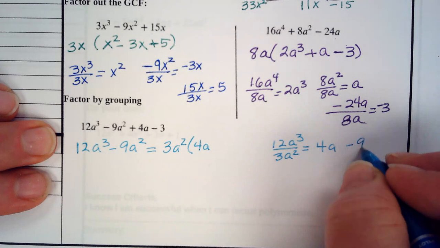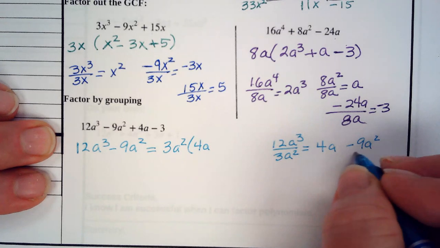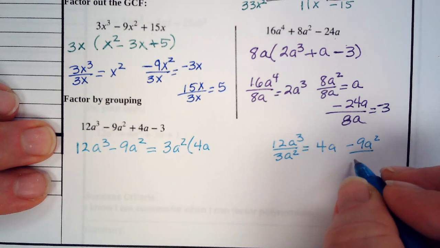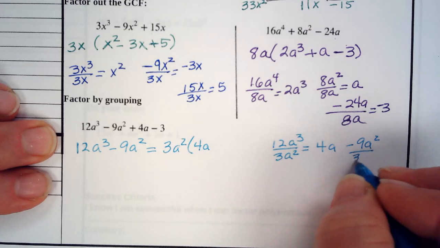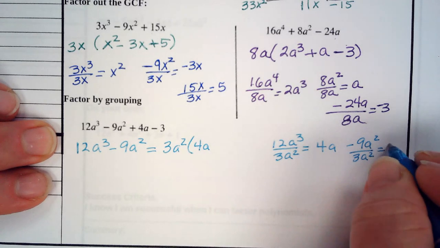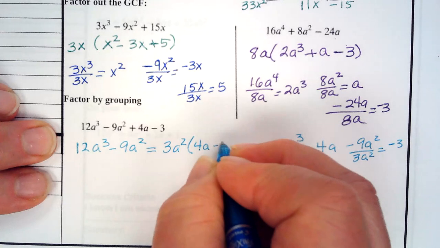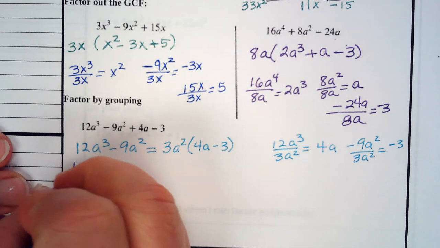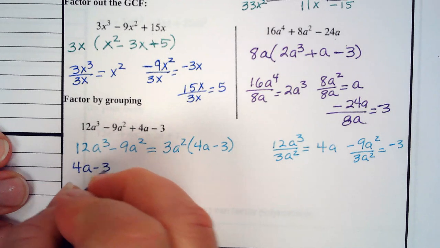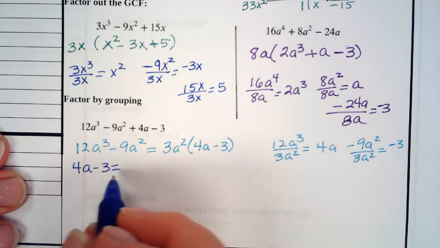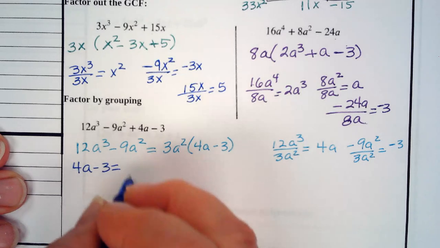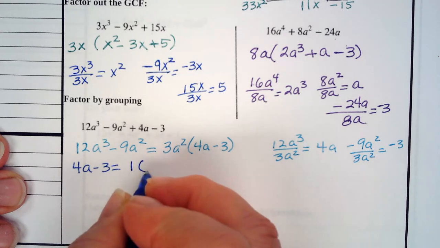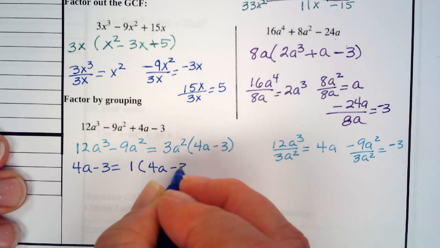Negative 9a squared divided by 3a squared is negative 3. I've factored out the first two. So now I've got 4a minus 3. There's nothing that will factor out of either one of them, so it's 1 times 4a minus 3.